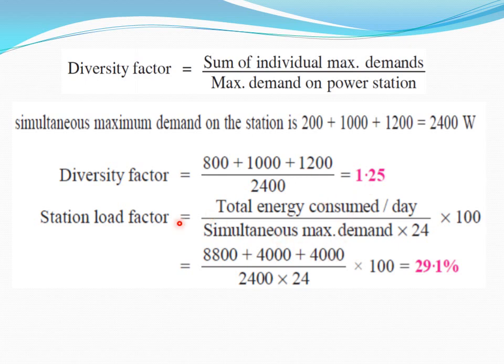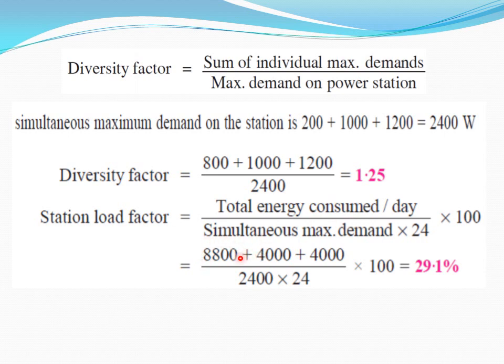The last thing they have asked is the load factor of the whole power station, but this formula remains the same. It is the number of units generated for the day divided by the maximum demand into the time period. So, time period is 24 and maximum demand for the whole power station is 2500 as we see in this case, and this energy consumed or units generated is based on each consumer.